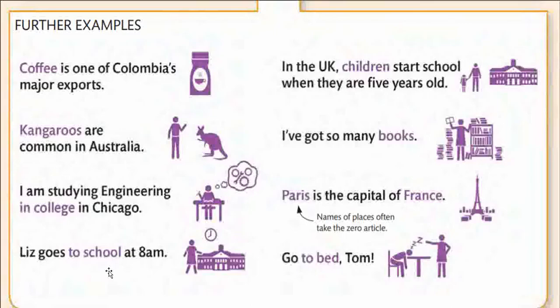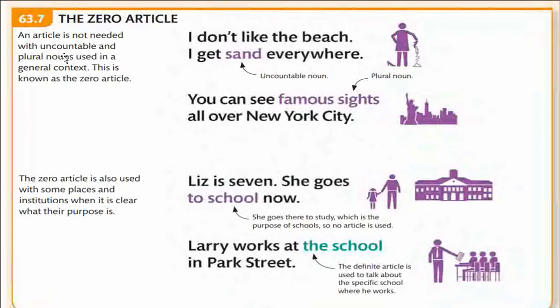Now let us see certain examples based on the rule that we have just seen. Coffee is one of Colombia's major exports. You don't say the coffee, because over here coffee is used as uncountable, as we have mentioned in the rule.